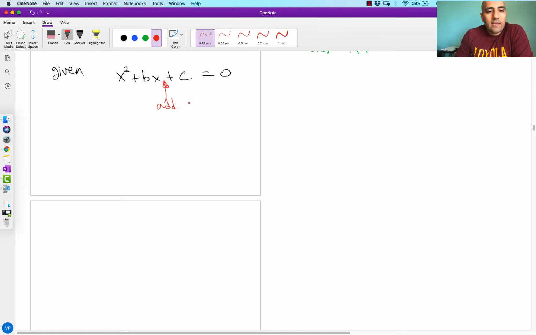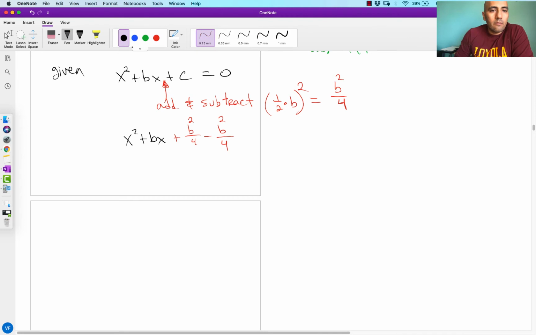We want to add and subtract one half times the b squared. That's going to be the perfect thing to add and subtract. Well, that's just going to be b squared over 4. And now coming back over here, this is going to be x squared plus bx. And then we add and subtract this plus b squared over 4 minus b squared over 4 plus c equals 0.